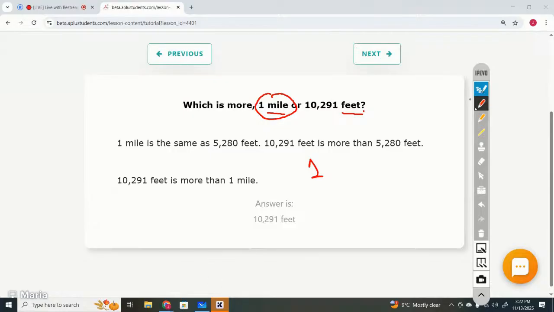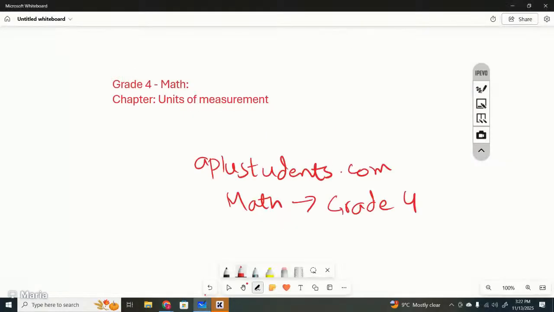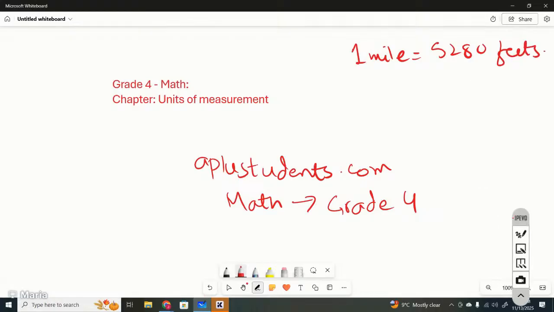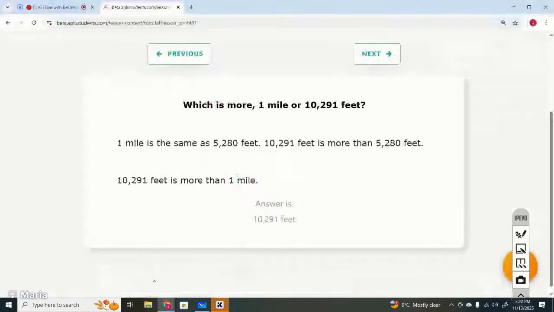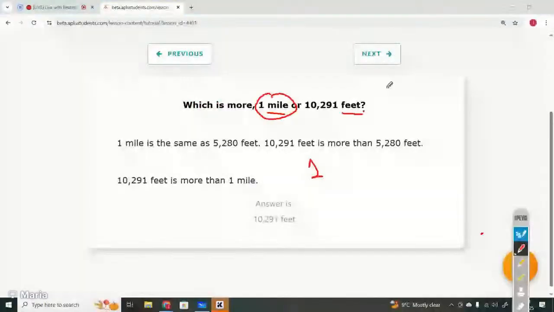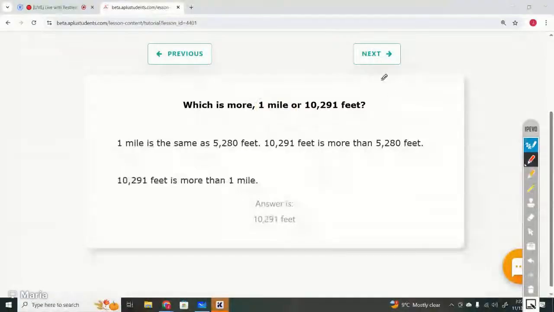You can note this down in your notebook. 1 mile equals 5,280 feet. These conversions are very, very important. Please note them down in your notebook. 1 mile equals 5,280 feet. Now compare feet to feet.